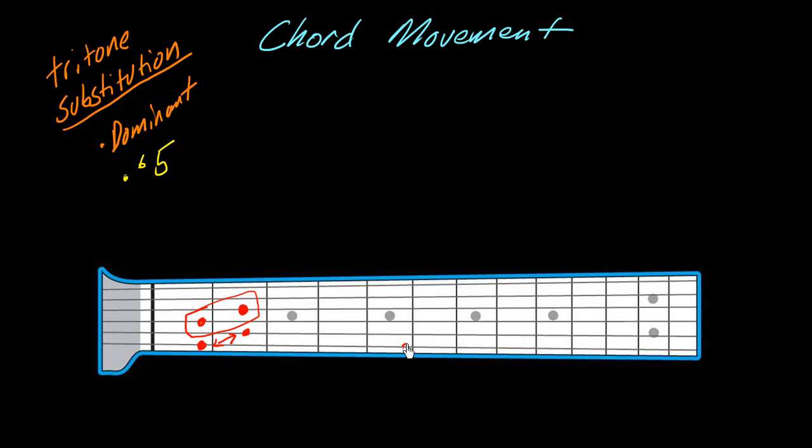So I'm going to pick a note here. A tritone is going to be 1 string away, 1 fret away, this distance. From here is the same. 1 string away, this distance. Same from here. 1 string away, this distance.